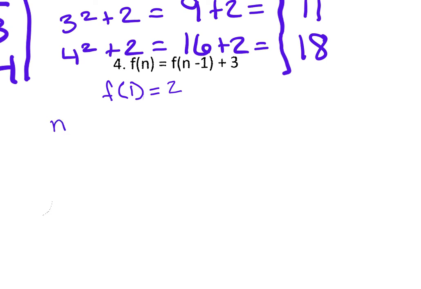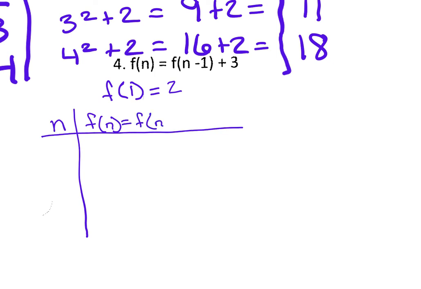So we have our n value again, right? And we want to do 1 through 4. Our f of n is going to equal f of n minus 1 plus 3. This is our function rule, right? And that's going to give us our output.